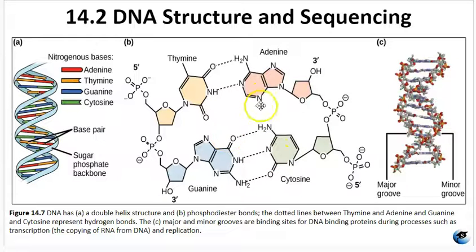And that's why they only bind to those bases and to no other bases. A only goes with T and C only goes with G. And then C over here is showing the major and minor groove. The grooves work as binding sites for DNA binding proteins that work during transcription and replication.